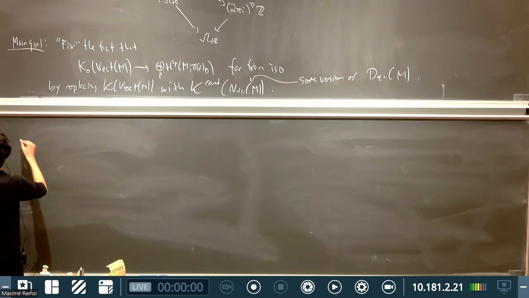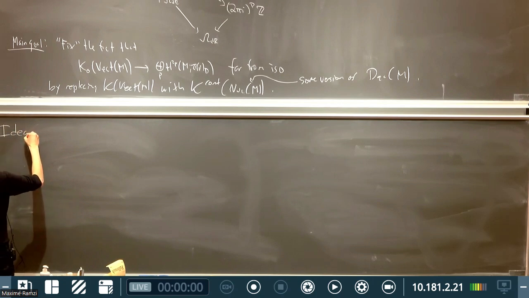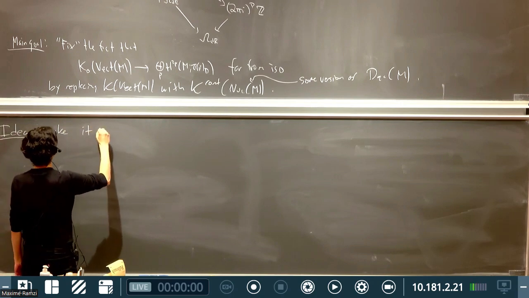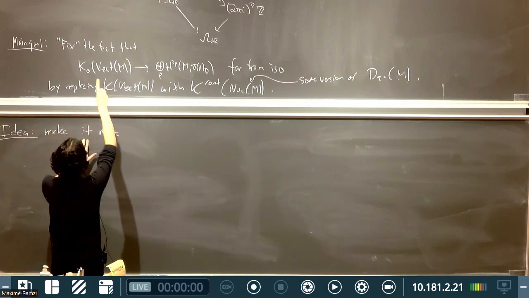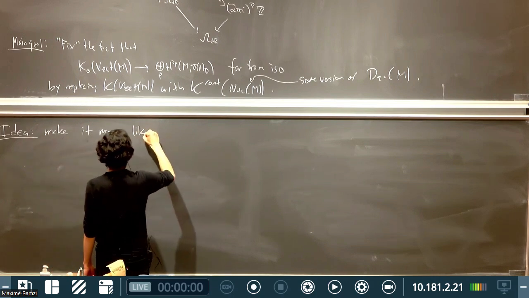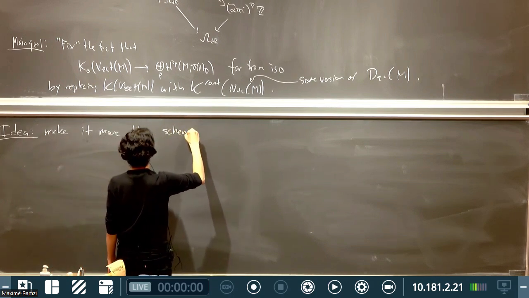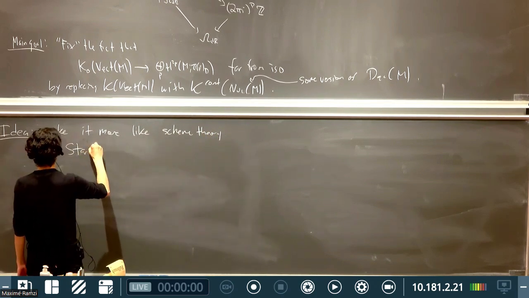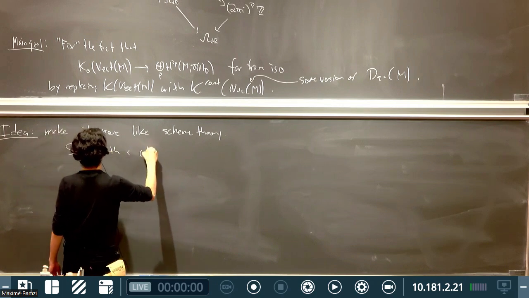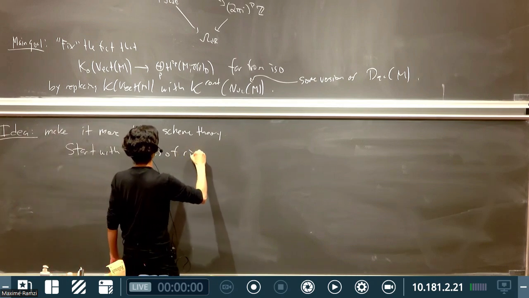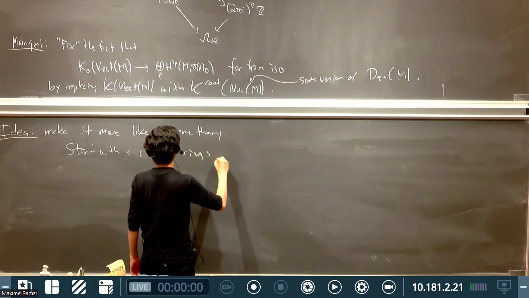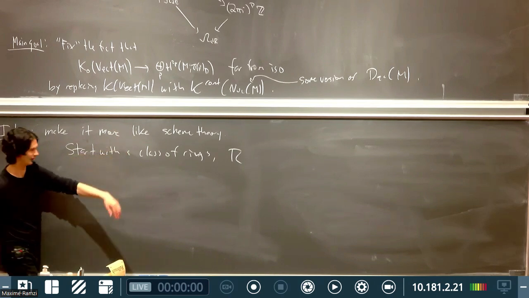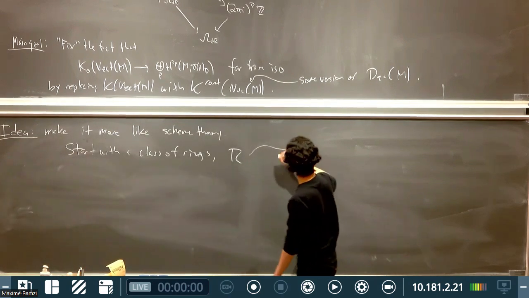So the idea is to make the theory of complex manifolds a little bit more like scheme theory. We're going to start with a class of rings. If R is one of those rings, the commutative ring R, we'll let it determine everything.